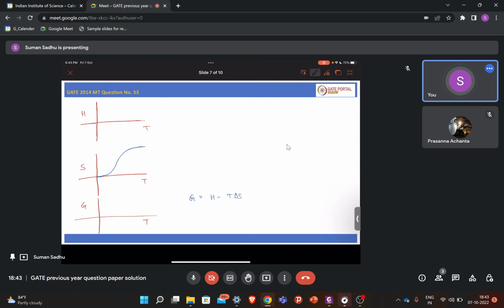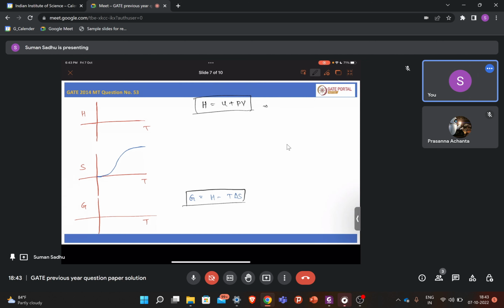Now let us see how H varies with temperature. What is H? What is enthalpy? Heat content. So H means, as you can understand from this equation, the total energy content of the system.